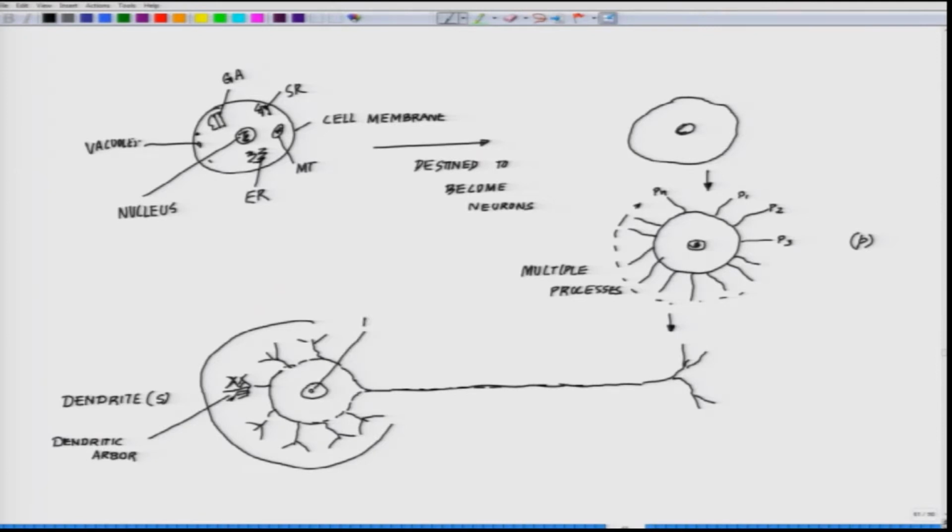Here you have the nucleus, and the process which is the chosen one is called the axon, and this is the axonal terminal. This is from where the axon originates, called the axon hillock.